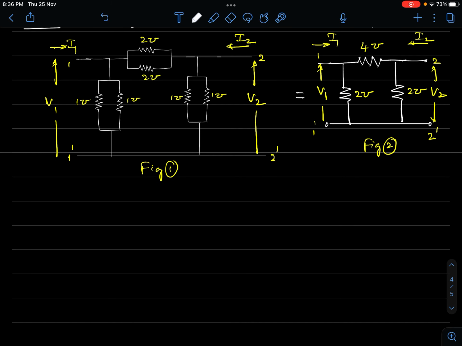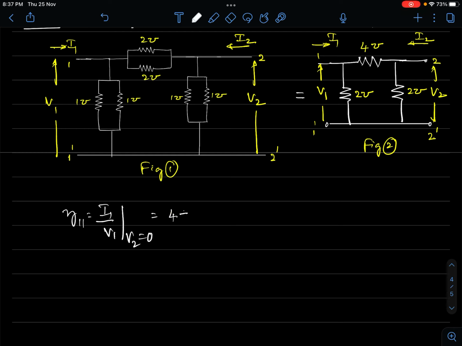If this is the situation, how do we write the parameters? Y11 is simply the sum of the two. You can name these admittances and write it as a summation of YA and YB, but you should know which is YA and which is YB. Otherwise, if you simply inspect the network, it becomes very simple. Y11 is I1 to V1 with V2 equal to 0.